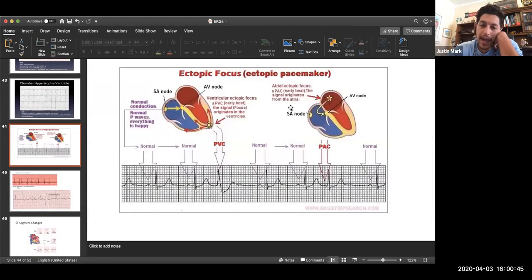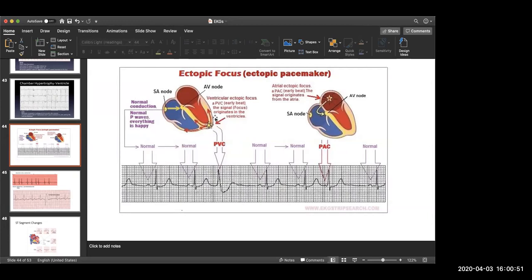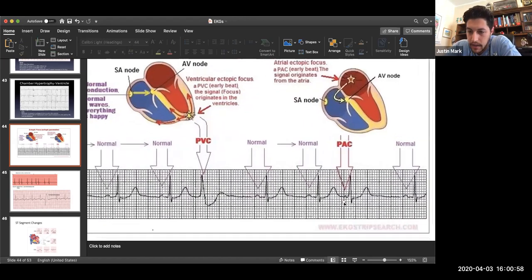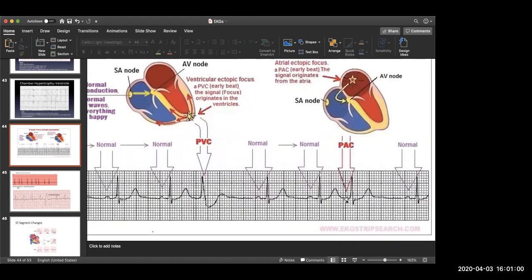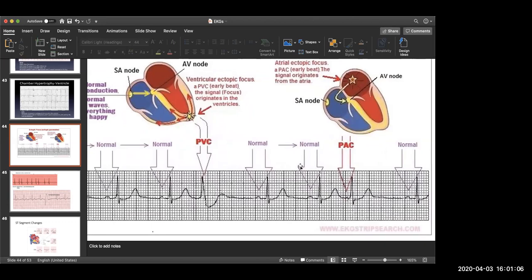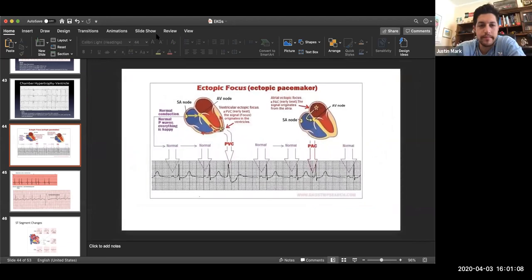So a PAC is that the atrium is firing on its own, and a PVC is that the ventricle is firing on its own. Oh, okay. So you'll see the P wave before, and then you'll see a compensatory period. Exactly. It was kind of hard to tell here, but I figured you guys would be able to catch it, with the compensatory pause. Yeah. Perfect. Thanks. All right, man. See ya. Bye.